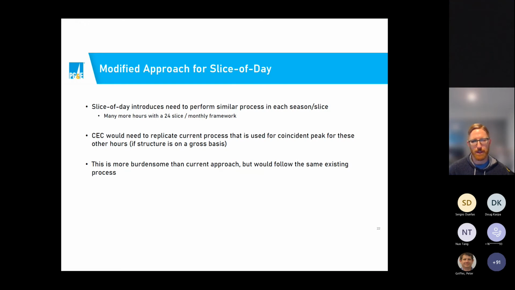And I should mention that this is on a gross basis. We'll address a net basis in a minute. So it's more burdensome than the current approach, but it would follow the same existing process. To the extent that there's a process in place to do this without too much administrative burden, it obviously will be more work, but it hopefully would not imply a lot of additional administrative effort.